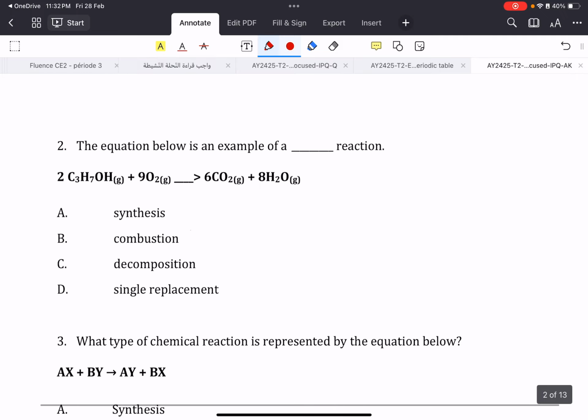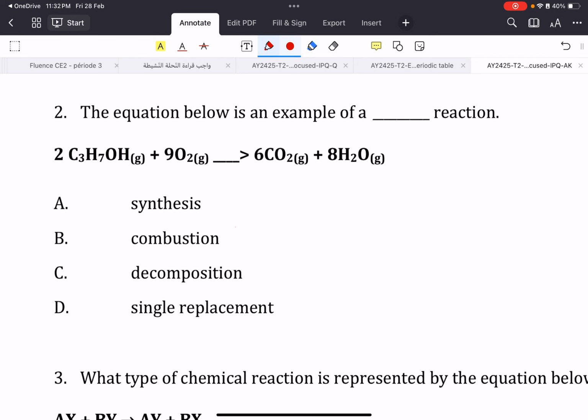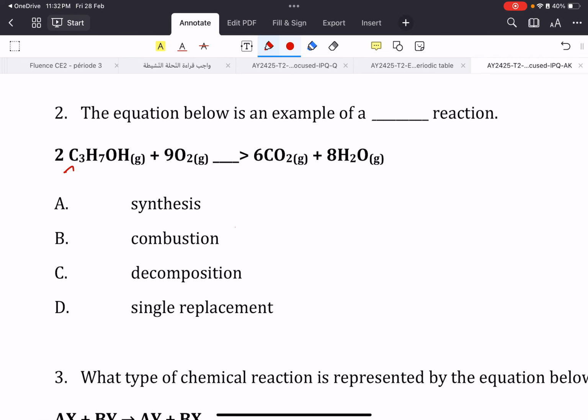Next, the equation below is an example of A. When we look at this equation, we see that this compound is added to oxygen, and specifically the products are CO2 and H2O.